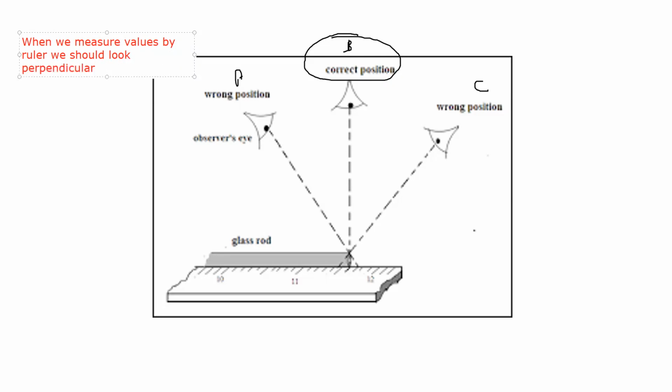And why should we look perpendicular? To avoid the error known as parallax error. Whenever you're measuring a height or a length, you should always look perpendicular, 90-degree. What is the meaning?